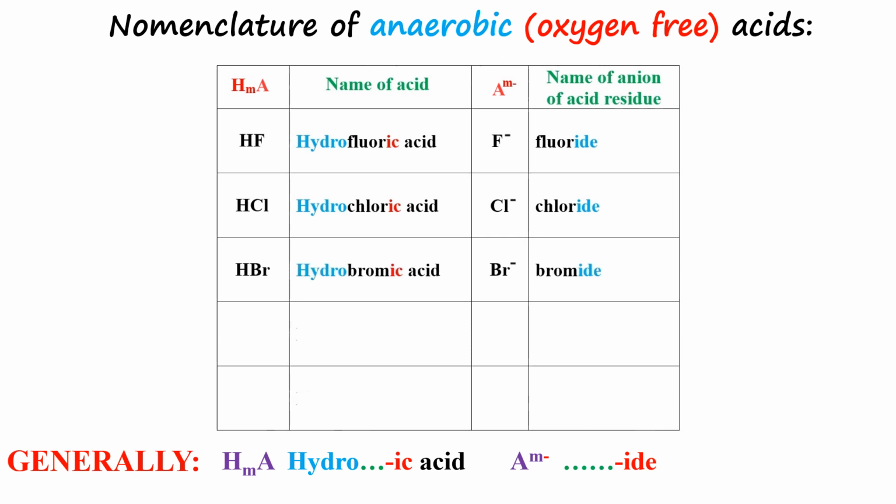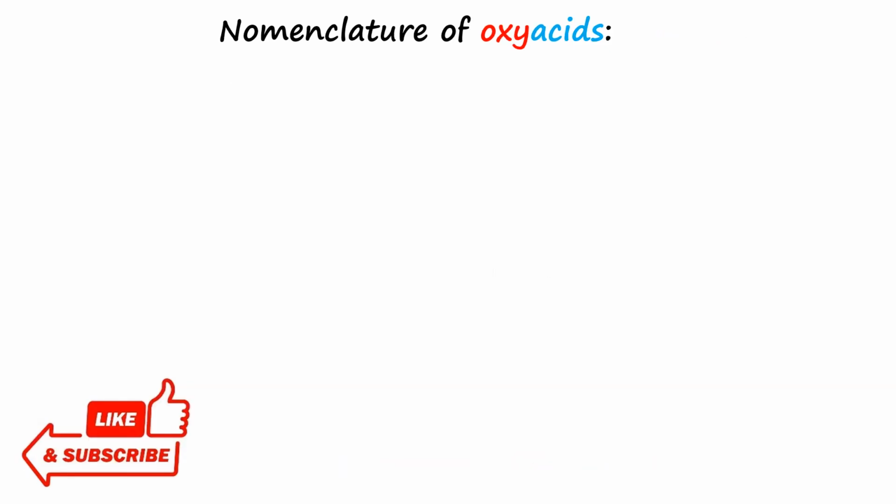Next, HBr has the same rule for creating the name of the acid and the anion of the acid residue. HI, same story, same rule. And finally, H2S.